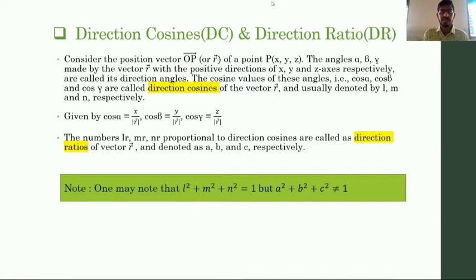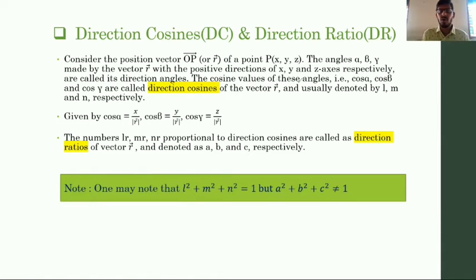Next, direction cosines and direction ratios. Consider the position vector OP or vector r of a point P with coordinates x, y, z. The angles alpha, beta and gamma made by the vector r with the positive directions of the x, y and z axes respectively are called its direction angles.